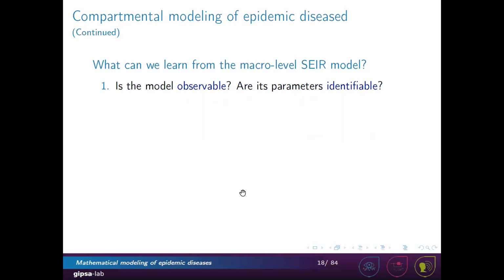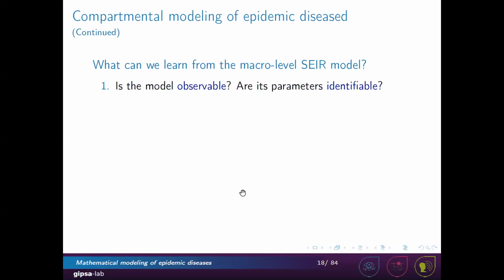By observability, we mean that if we look at the output of the system, for instance, if we start counting the number of people who are becoming infected and exposed, recovered, or pass away, is it possible to estimate the number of people who are, for instance, exposed at each instant of time?